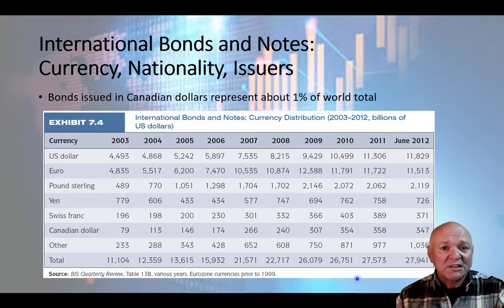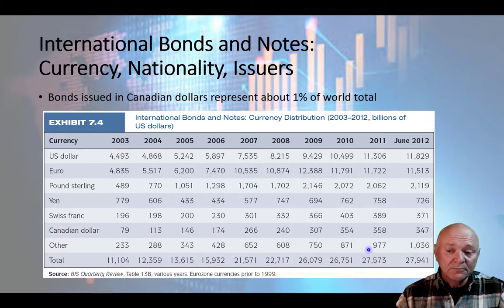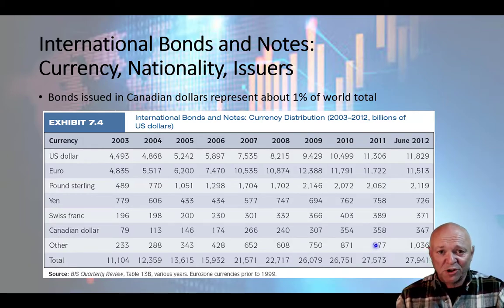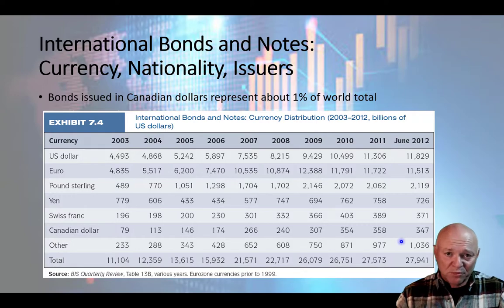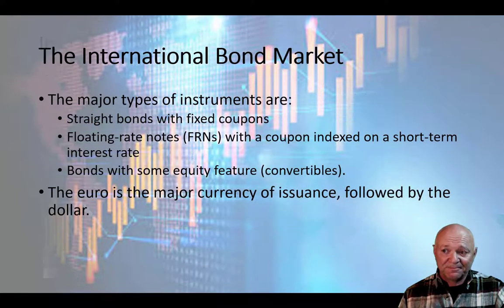The same $27 trillion in debt that we saw in the previous slide is split about 50-50 between US dollars and euro bonds, with the representation of a few percent for those other currencies I mentioned.